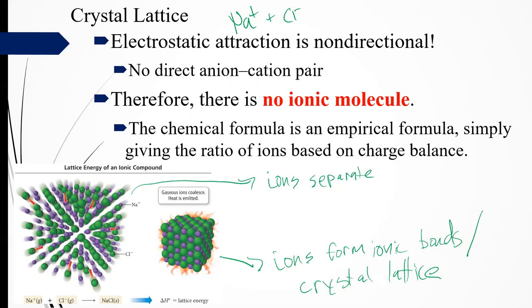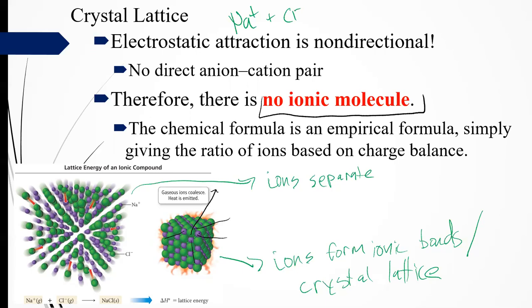It's not directional. It's really that this green chloride is interacting with all of these other purple sodiums. And then those purple sodiums can interact with a lot of other chlorides, and that process repeats and repeats and repeats. So there's no such thing as an ionic molecule.